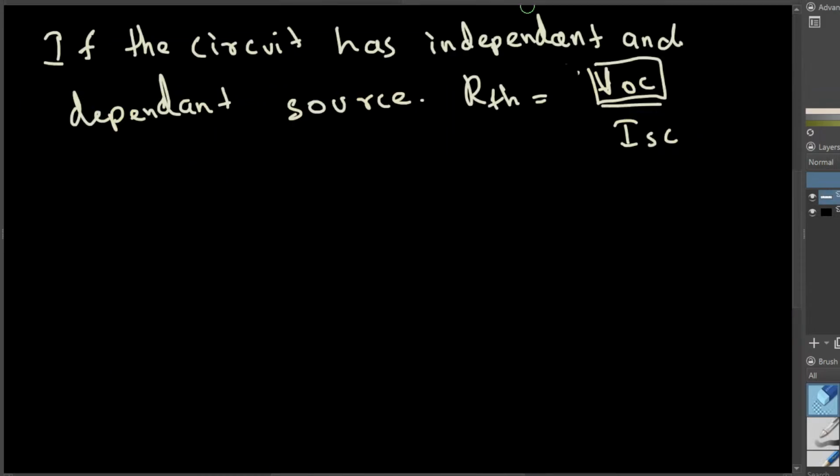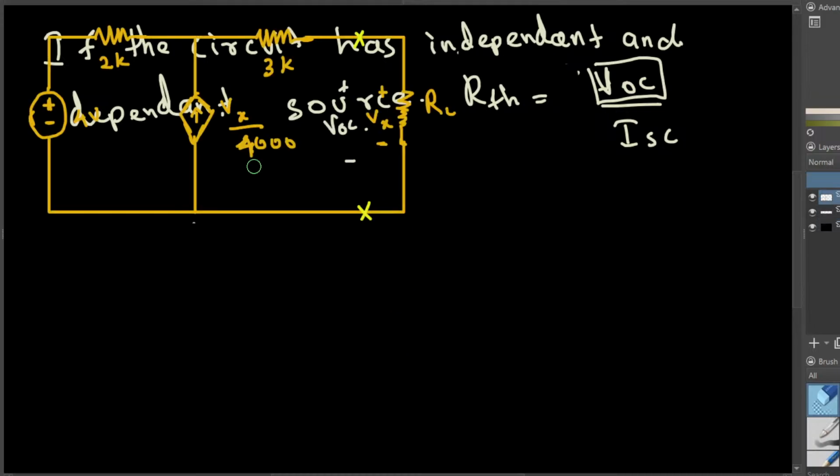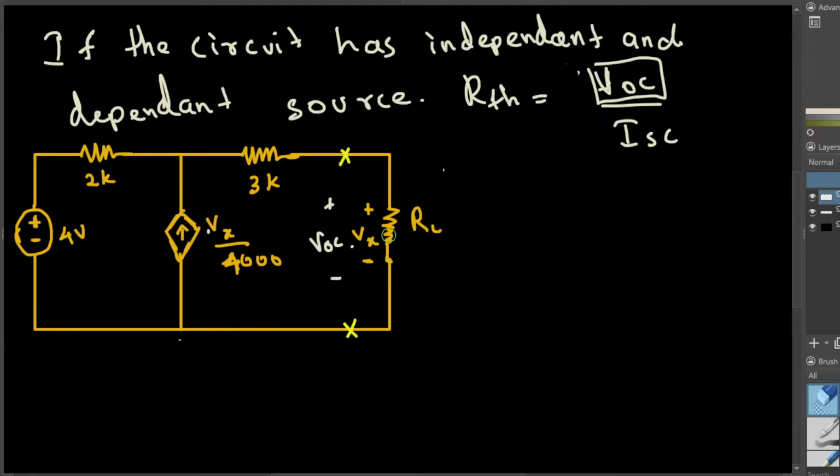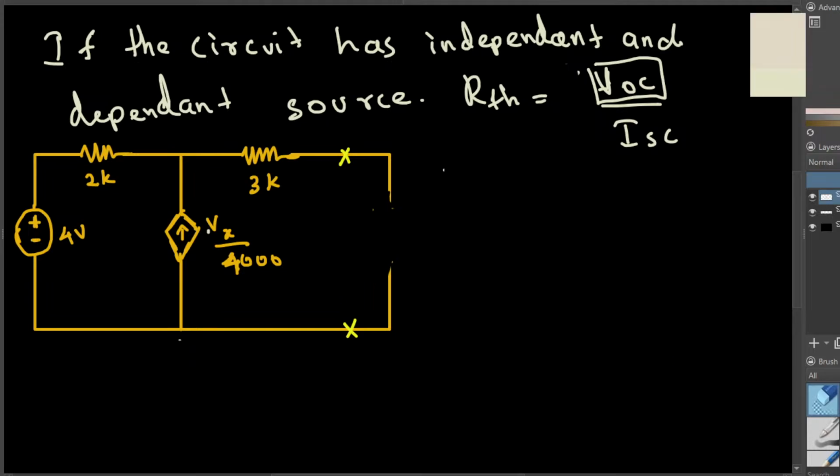Control C, Control V. Okay, here we go. Let's adjust this a little bit. Here we are just going to short circuit this R load. If I remove this R load and draw a direct line here, that's going to be a short circuit.